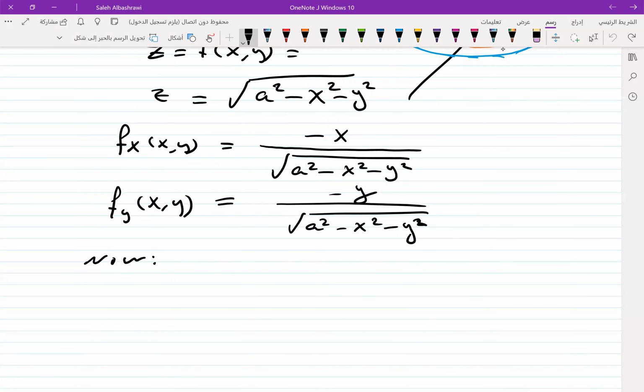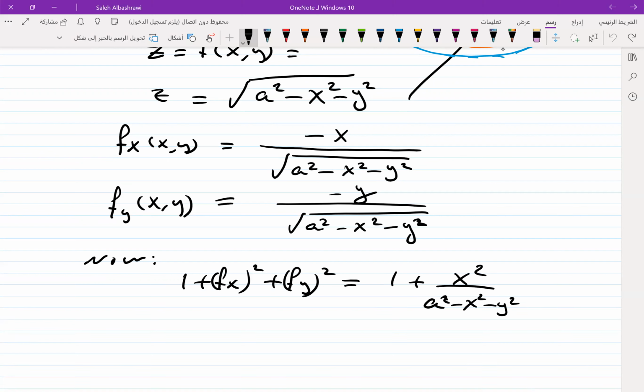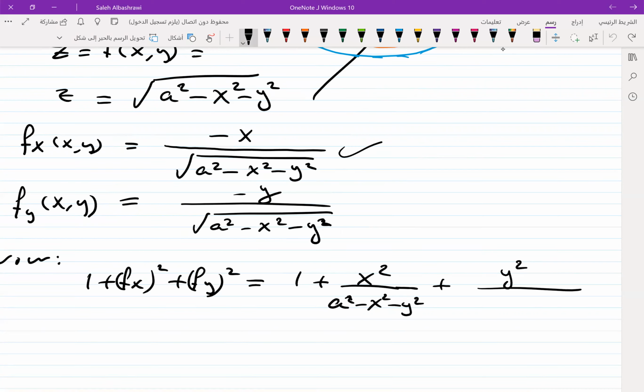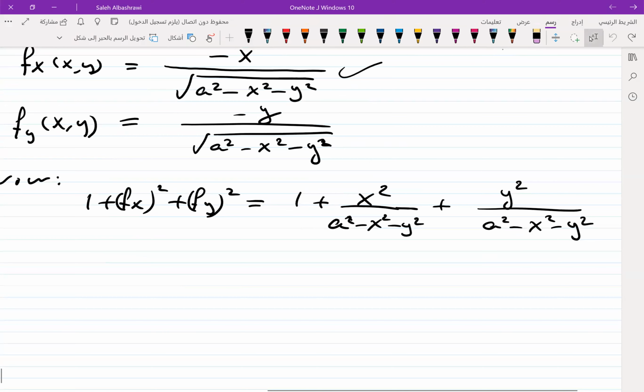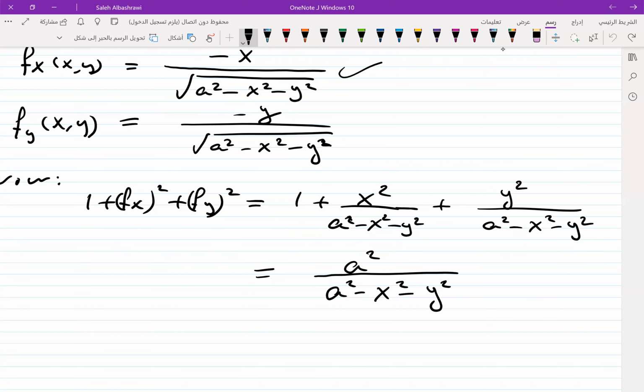Now, 1 plus f sub x squared plus f sub y squared will be 1 plus x squared divided by a squared minus x squared minus y squared, this is the first one squared, plus y squared over a squared minus x squared minus y squared, which is equal to a squared divided by a squared minus x squared minus y squared.